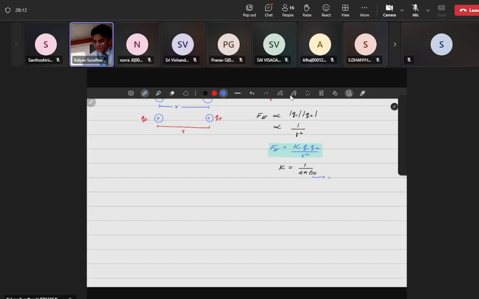And this epsilon naught is called the permittivity of free space, correct? And its value is 8.85 into 10 to the power minus 12 Newton square.